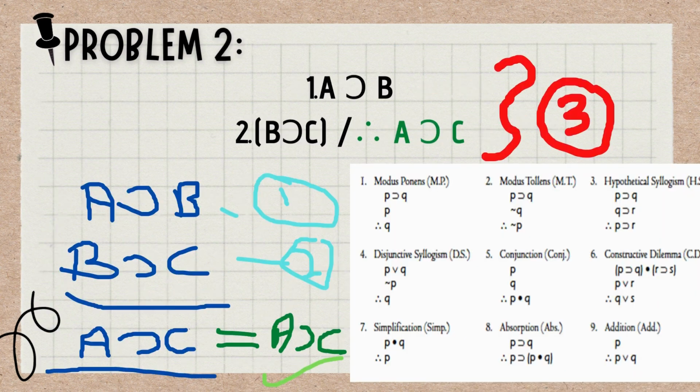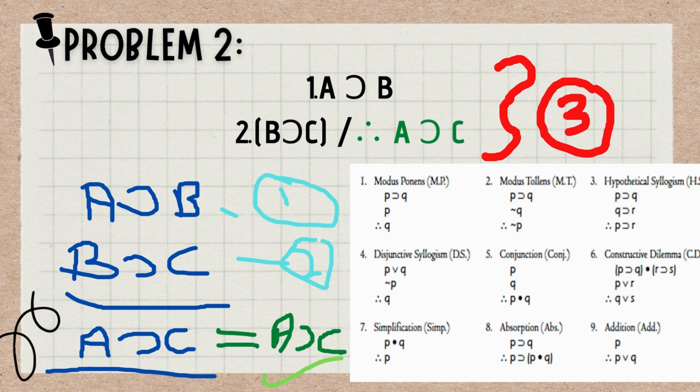So let's see problem number 2. We have A implication B as the first premise and B implication C as the second premise. What we have to prove is the conclusion A implication C, which is on the right hand side. On the left hand side, let's take the first premise A implication B and the second premise B implication C, and match them with the third rule of inference, hypothetical syllogism.